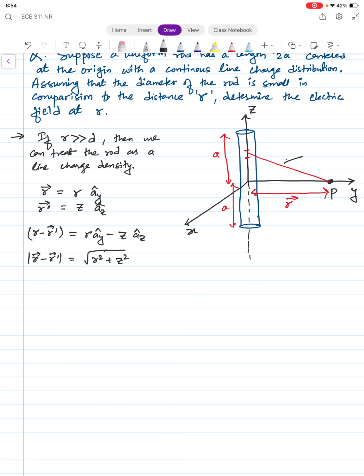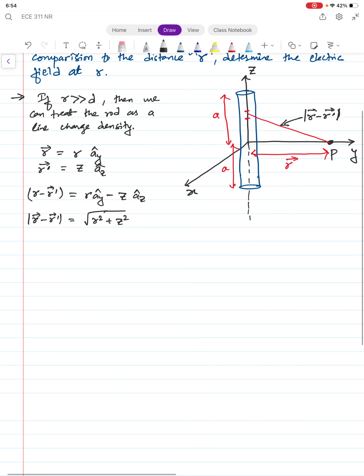So this distance is r minus r prime. Okay, all right, so now we have r minus r prime.